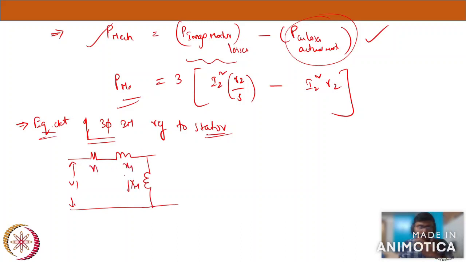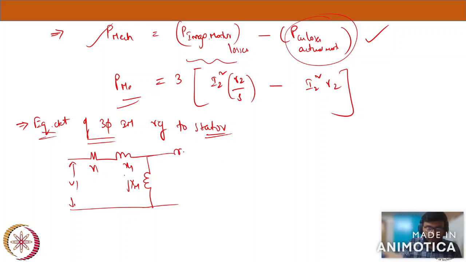Now we are combining the secondary of my imaginary motor to the primary, because E1 by E2 will be equal to the turns ratio, and we have a resistance component R2 by S here. We can multiply the turns ratio with the resistance component so that we can get the secondary side of this equivalent circuit.